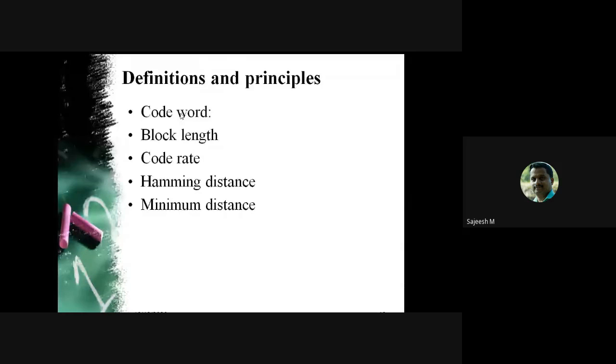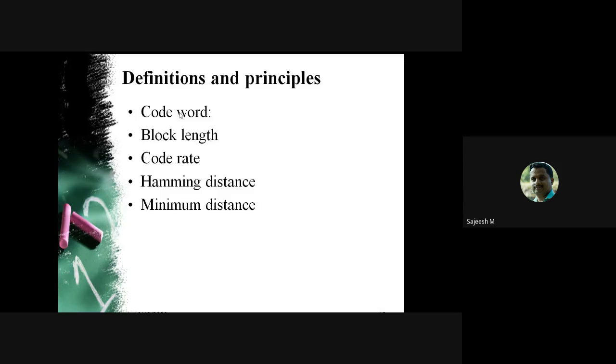That is, for a linear (n, k) block code, the resulting n bits corresponding to the k message bits are the code word. The number of bits n after coding is called the block length of the code.